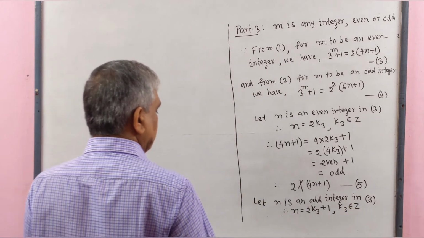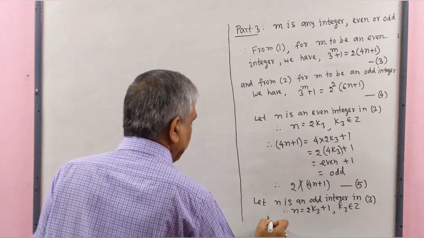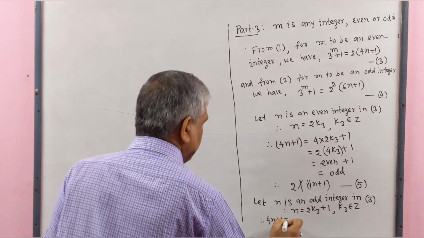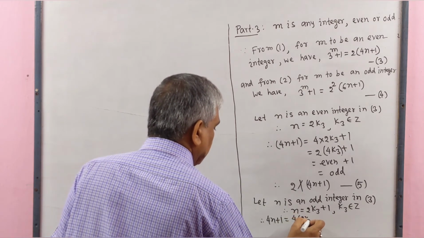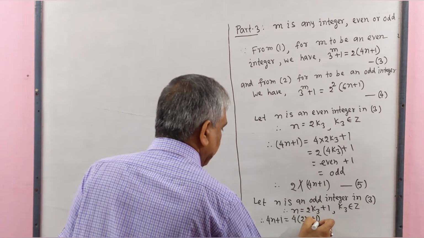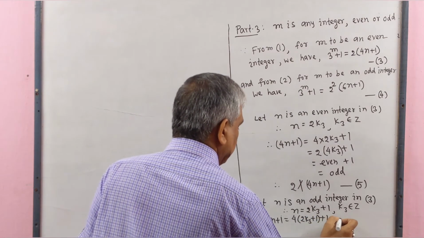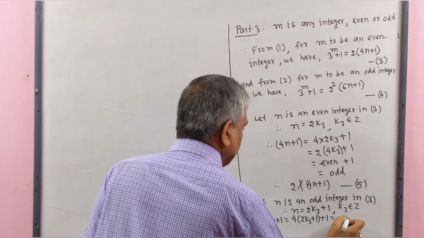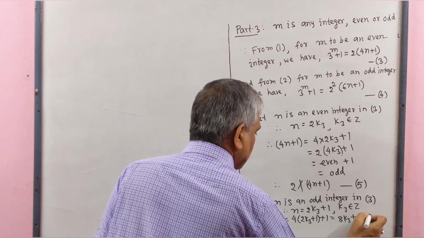Therefore, 4n plus 1 equals 4 times (2k3 plus 1) plus 1, which equals 8k3 plus 4 plus 1.